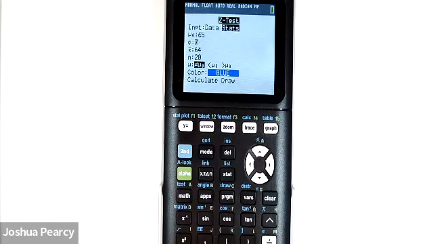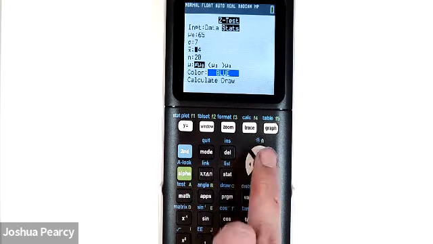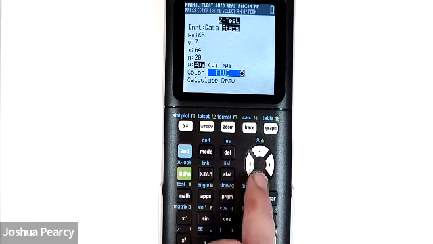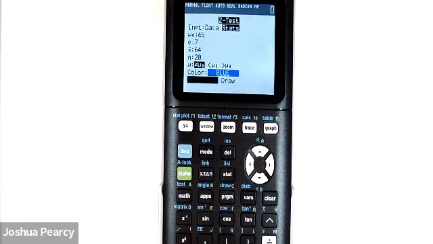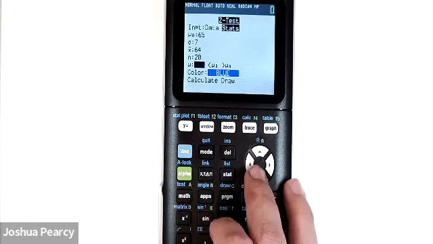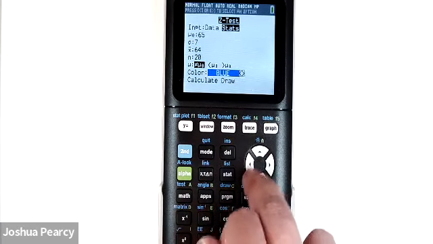Then tell it the population standard deviation, which is 7. Tell it the sample mean, which is 64. Then the sample size, which is 20. And then the alternative. I don't know on an 83 if it has this last step or not, the alternative. I have no idea. I will have to look when I get back to my office.